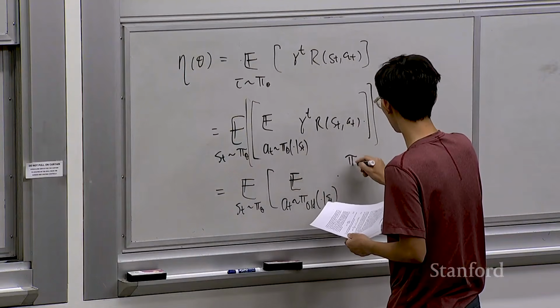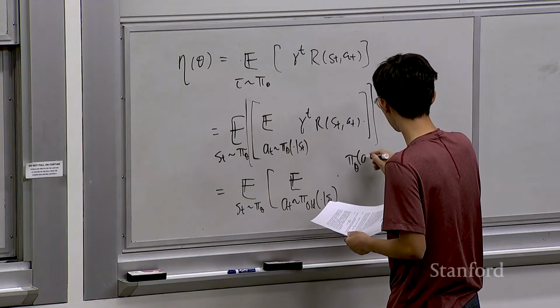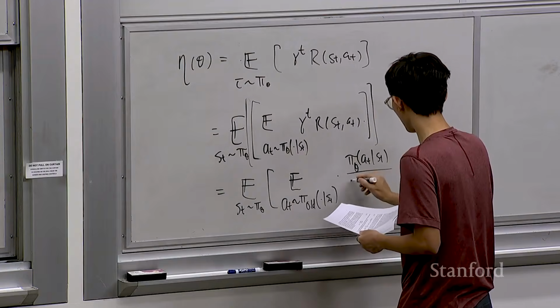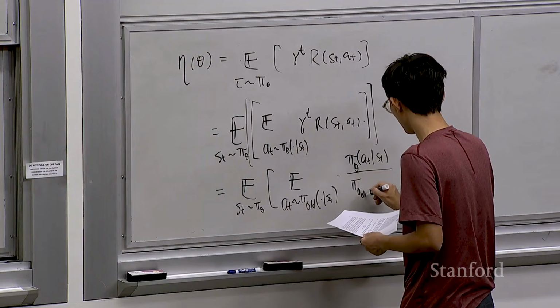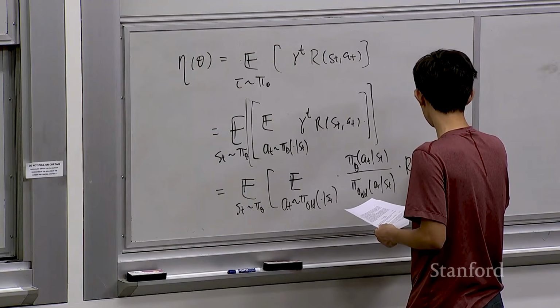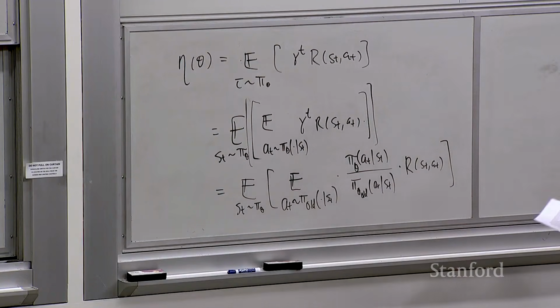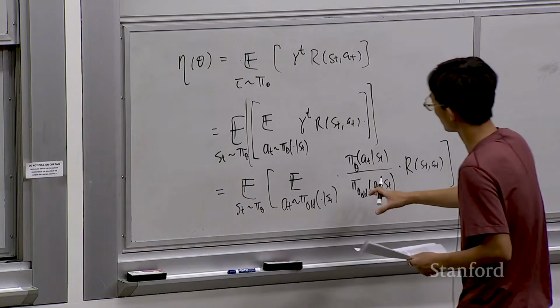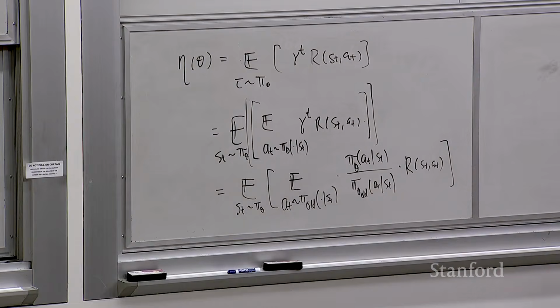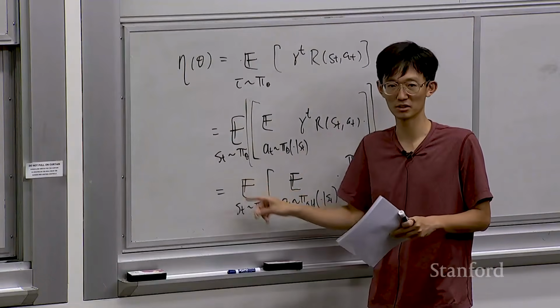You add pi theta AT given ST divided by pi theta old AT given ST, times R ST AT. Something like this. That's the first order bet you can do. You correct for the action distribution, but you don't correct for the state distribution.